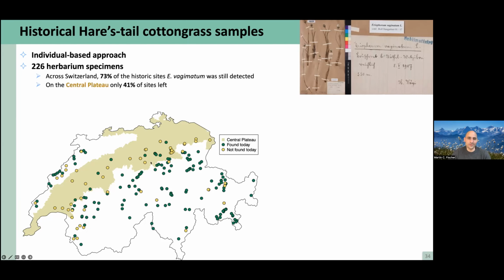But if we now focus on the central plateau, this area here, which is the most strongly populated area in Switzerland, where a lot of wet habitats have been dried for agriculture or buildings, there we lost much more of the Eriophorum population compared to the rest of Switzerland.